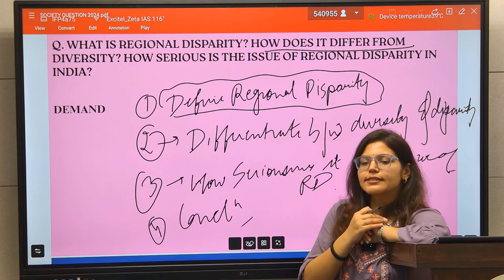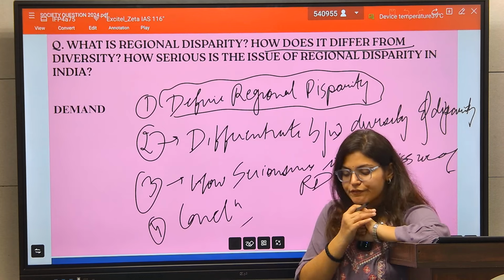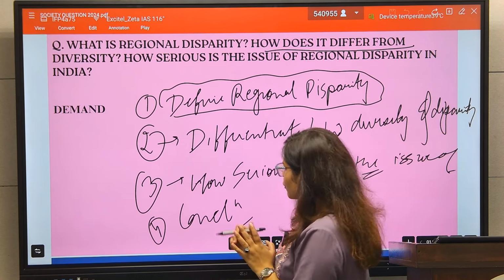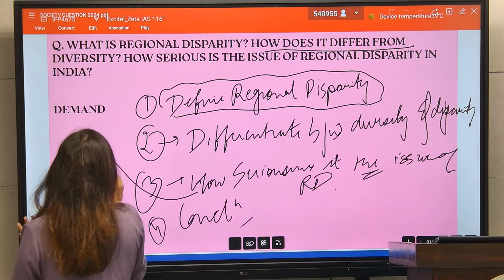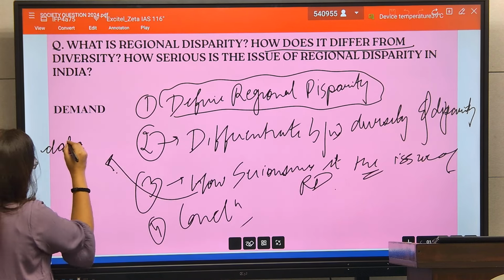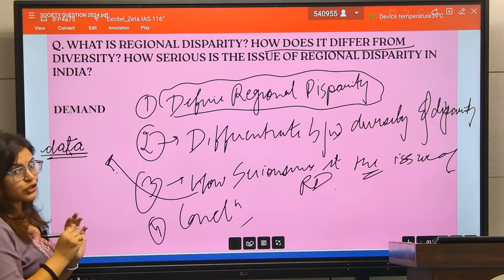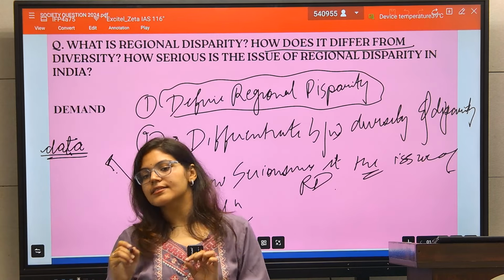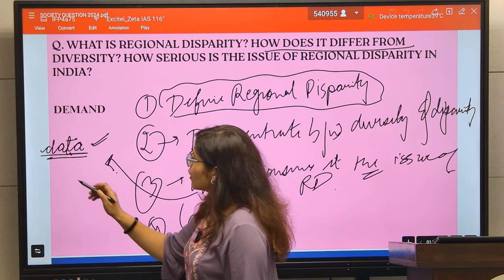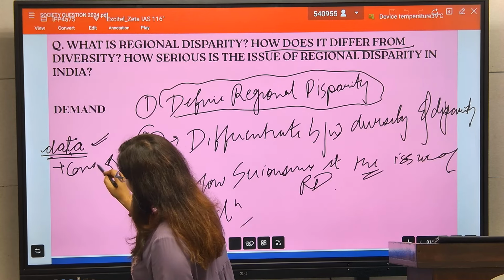How will you define the seriousness of the issue? If something is serious, then how will you say this is serious? So for seriousness, you have to generate points. First you have data. First show that yes, this is the data which shows how serious the issue is, plus consequences.